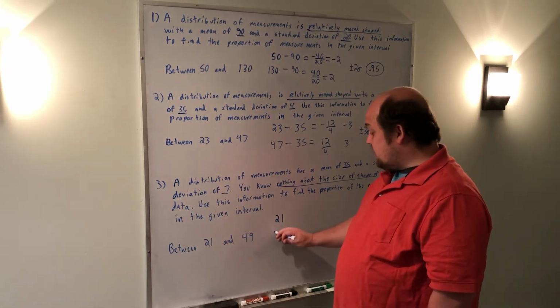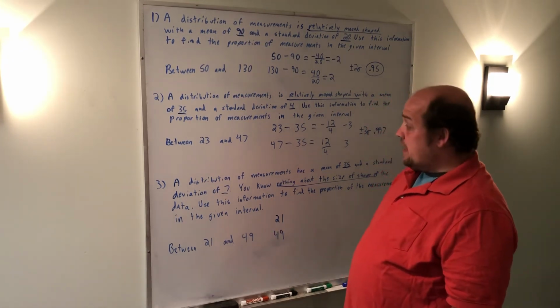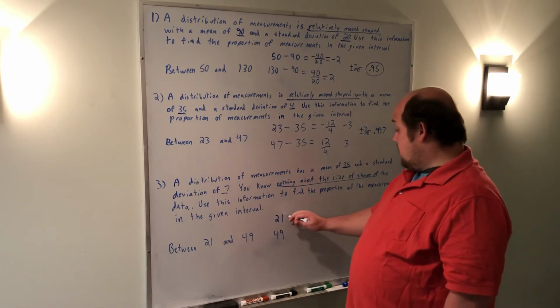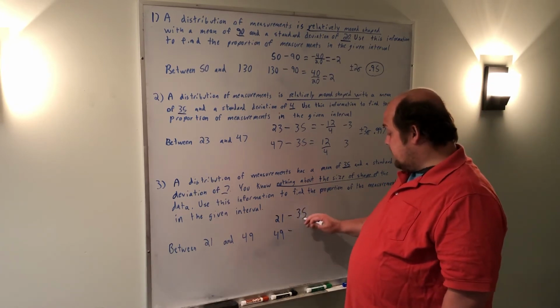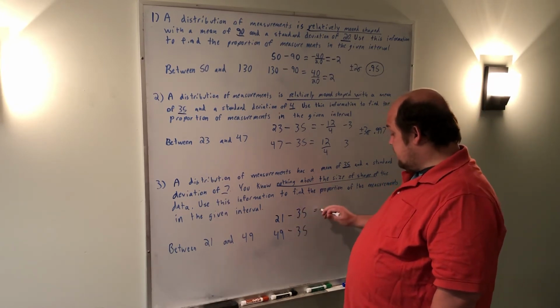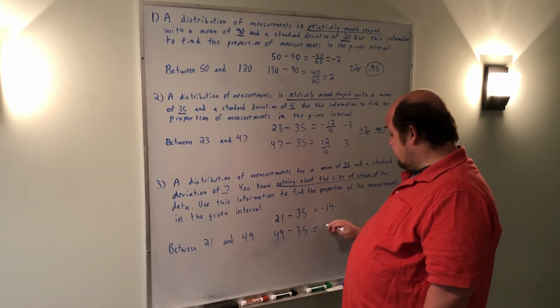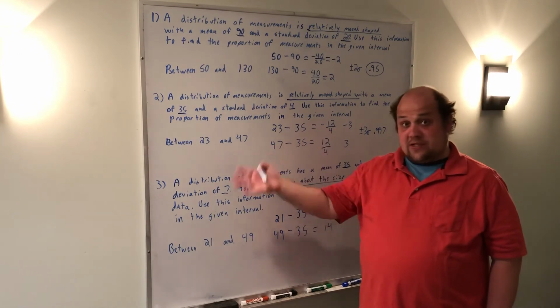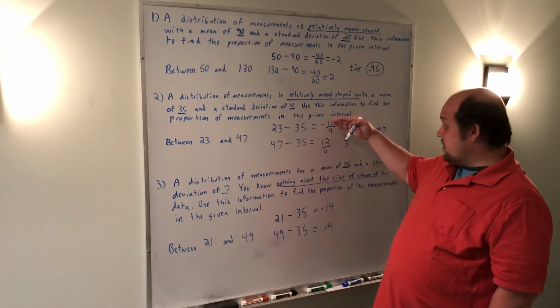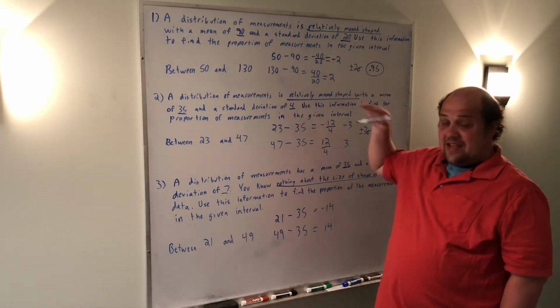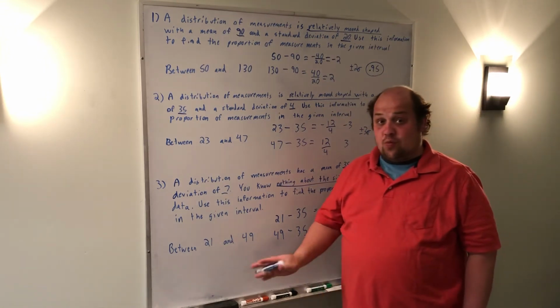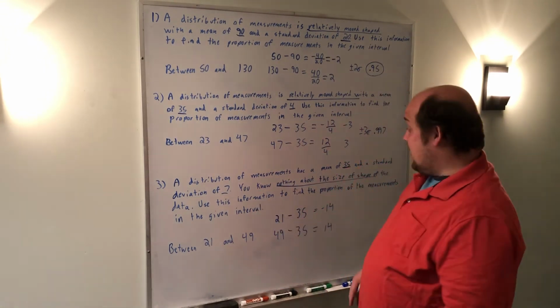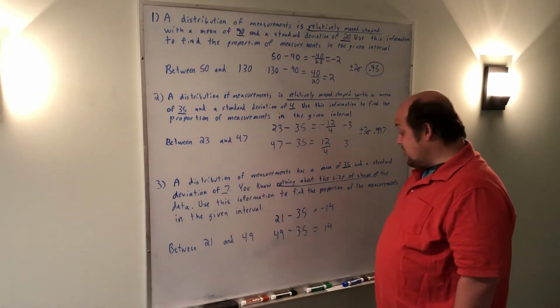So again, we take 21 and 49, same way we did for the empirical rule. Subtract the mean, in this case 35. This gives me negative 14, this gives me positive 14. Just a note, the between numbers are always going to be the same distance away, so I'm always going to get one negative, one positive. It's absolutely fine to just do one or the other and not do both, and you'll still know how many standard deviations you are.